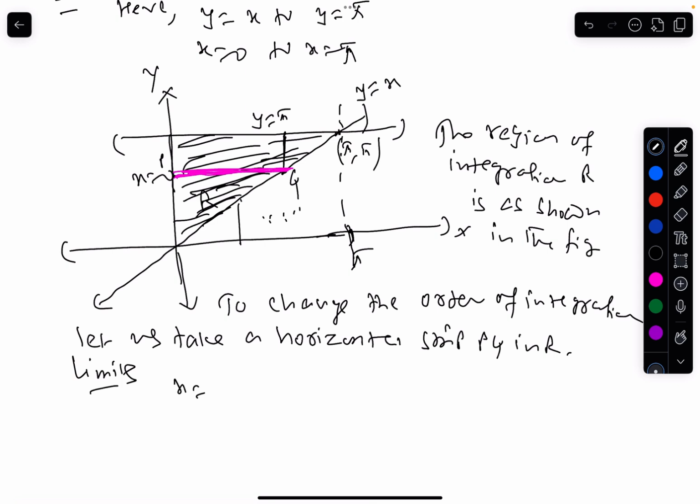So here x equal to 0 to here x is equal to, x is on this line, y. And this strip moves from here to here. So y is 0 to y equal to pi.